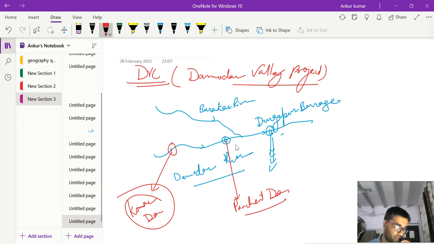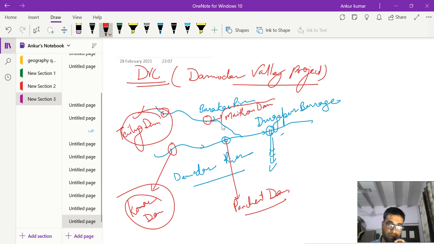right? And on the Barakar River, the two important that you must remember, the one is the Telaiya dam, okay, and one here you can remember, that is the Maithon dam, right?